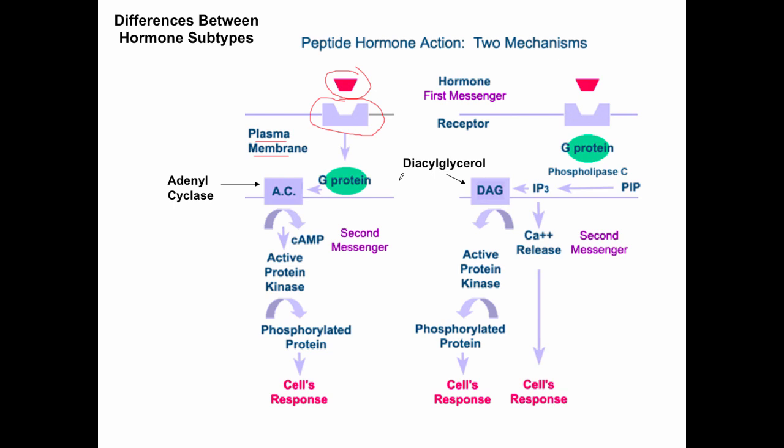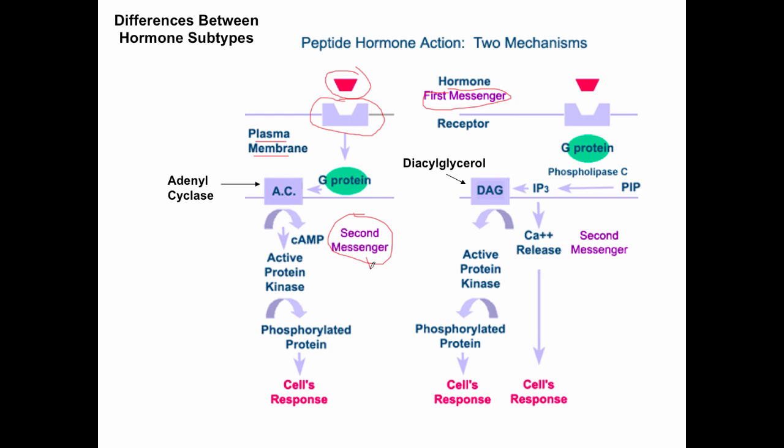response. The second thing that the hormone's membrane receptor can do is act through a second messenger system. So the hormone is the first messenger, but since it can't cross the membrane, it has to act through an intracellular second messenger. Okay.